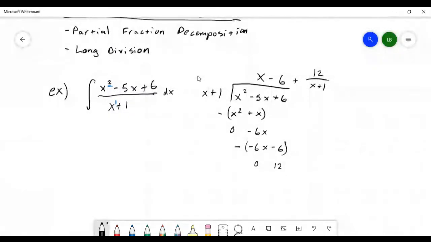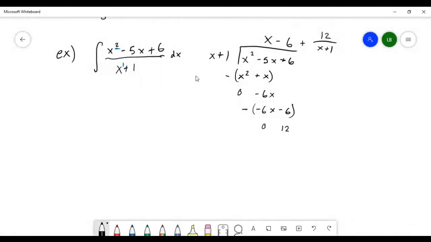Okay, so that means that this integral has now become the integral of x minus 6 plus 12 divided by x plus 1 dx, because we actually simplified this fraction into a whole part and a fractional part. And we know the integral of x is 1/2 x squared.